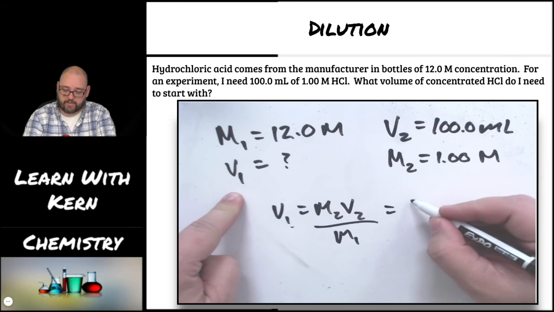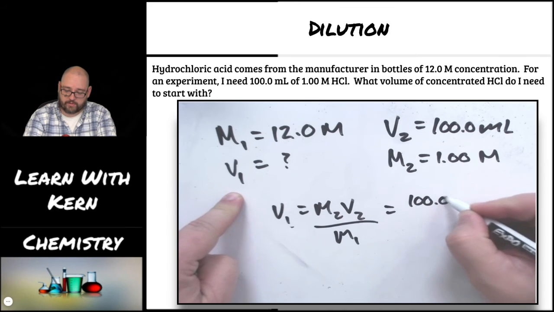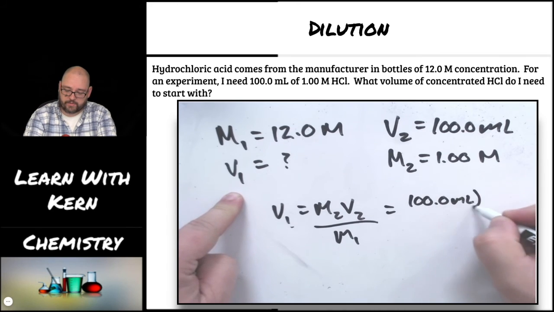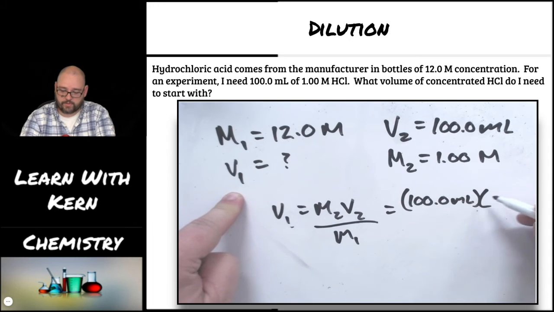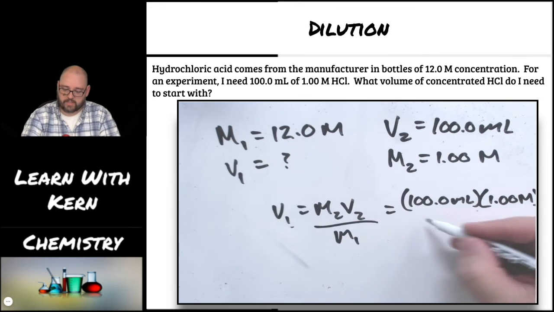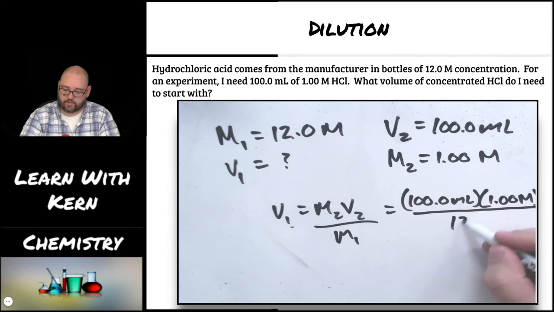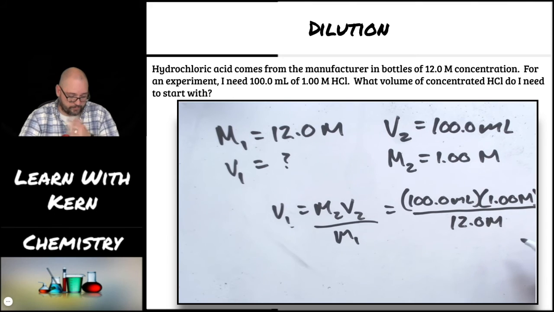So I'm going to have 100.0 milliliters times 1.00 molar, so V2 and M2, divided by 12.0 molar.